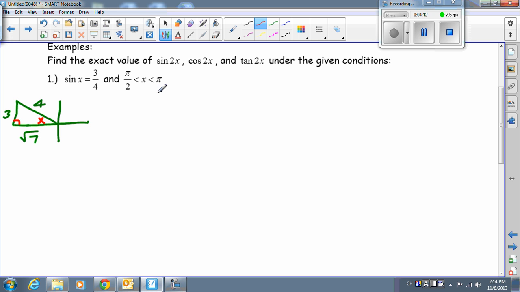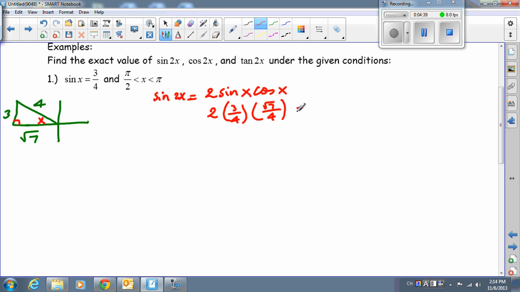All right, let's start with sine of 2x. I would say sine of 2x is equal to 2 times, I'm using the formula that you have on your green paper, that'll be 2 sine x cosine x, meaning 2 times the sine of x is 3 over 4, and the cosine of x is adjacent, meaning square root of 7 over 4.